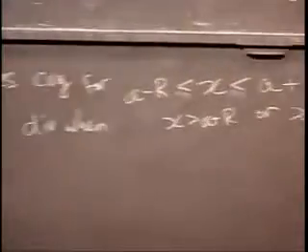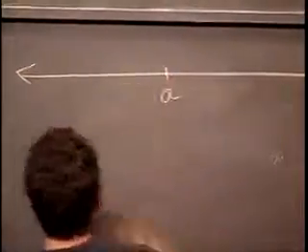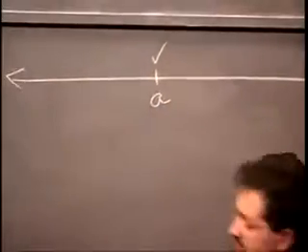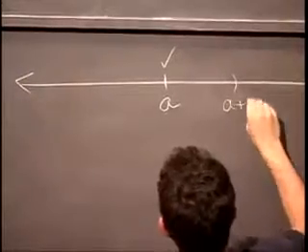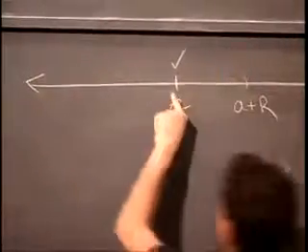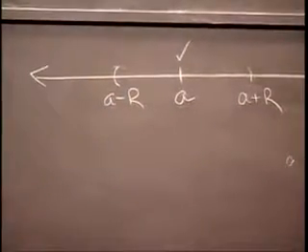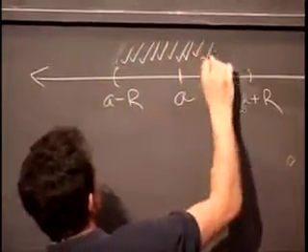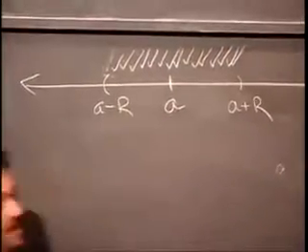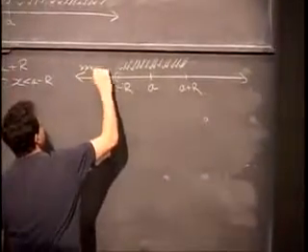Well, when I write it like that, it's almost meaningless. Here's the way to see it. Draw the number line. Here's a, that's the center, and we know it's always good there. There is some number r where if you go r that way or r this way, you are good inside here. So the check means that the series converges for those values of x, if you were to plug them in. And it diverges outside.